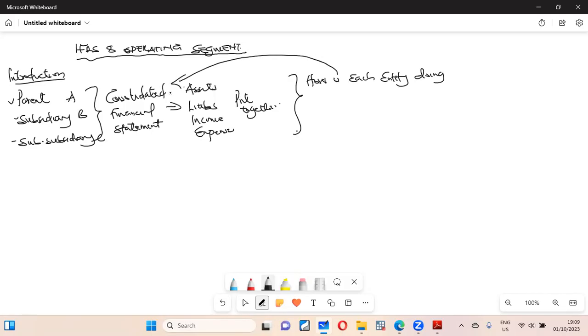How will you know how much is their individual assets and how much liability each and every entity has? So how much assets? How much liabilities does each entity have?